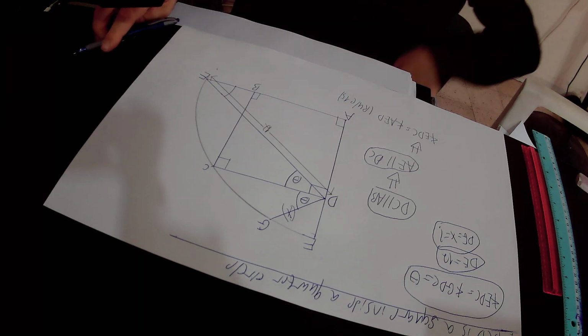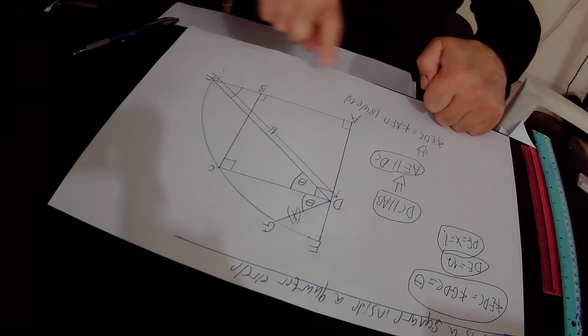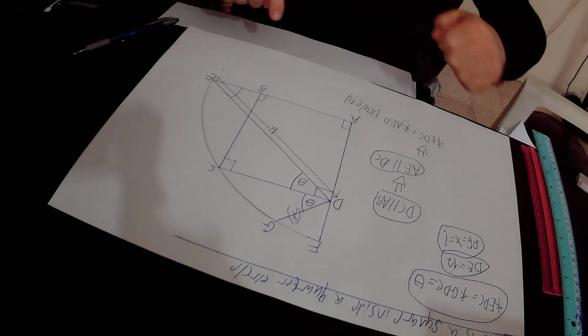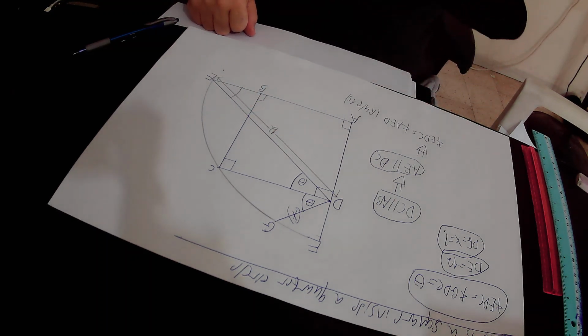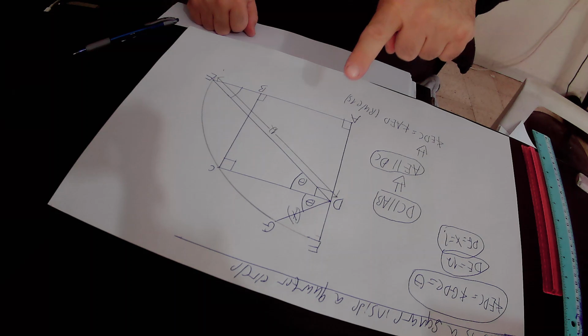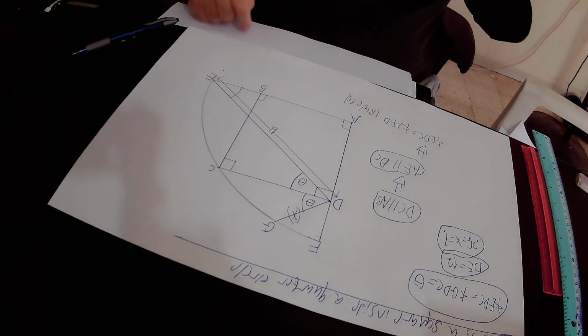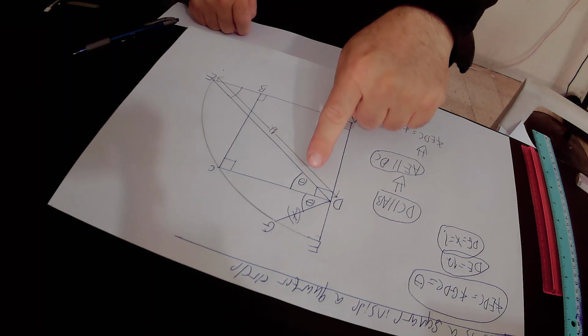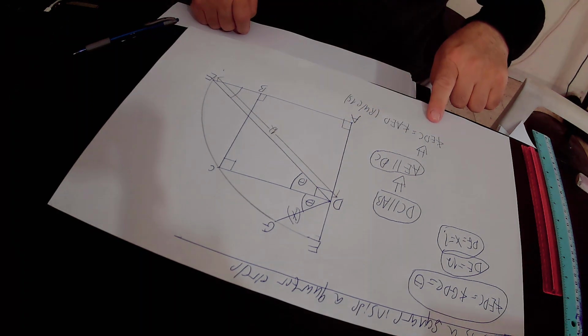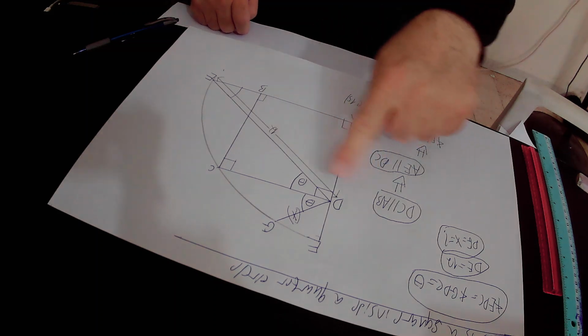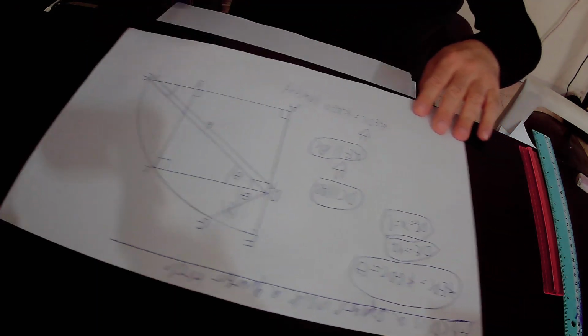Because those two alternating angles are located between the parallel lines AE and DC, they must be equal to each other. That is to say, angle EDC is equal to this angle, angle AED. But this angle equals theta according to what is given in the question. So we can write here that angle EDC equals theta.